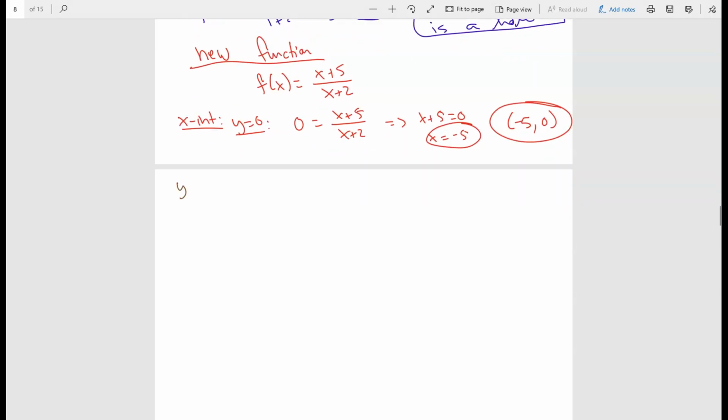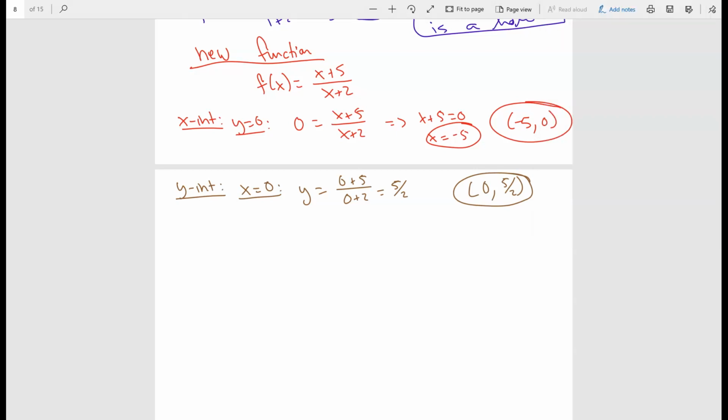My y-intercept is going to be when x is equal to 0. So y is equal to 0 plus 5 over 0 plus 2, which gives me 5 halves. That means at 0 comma 5 halves, I have a y-intercept.